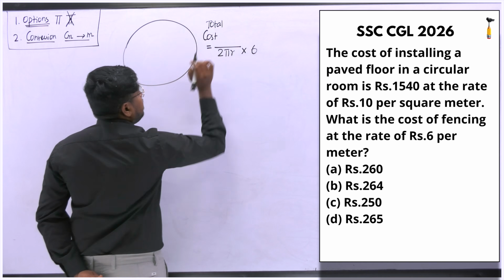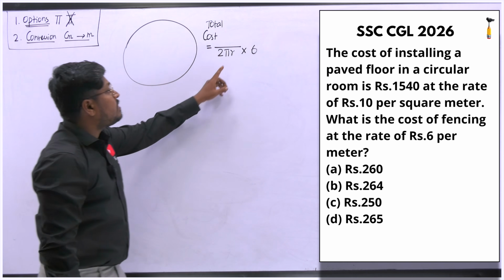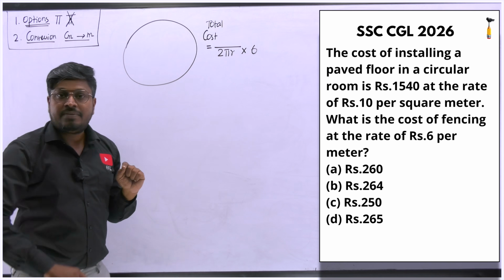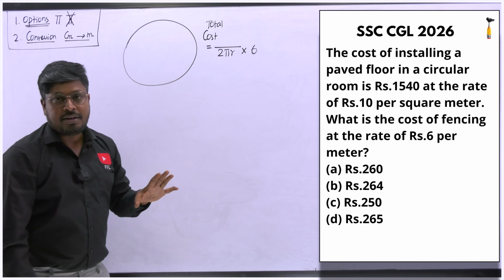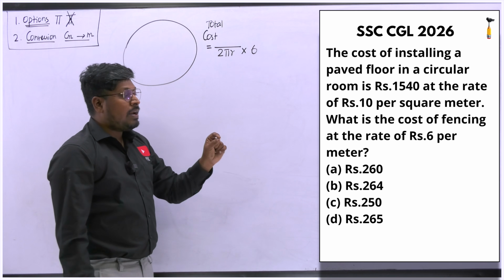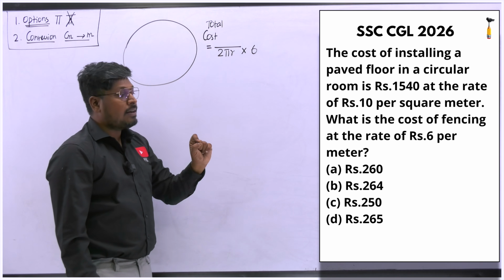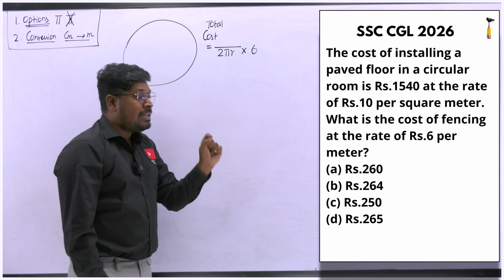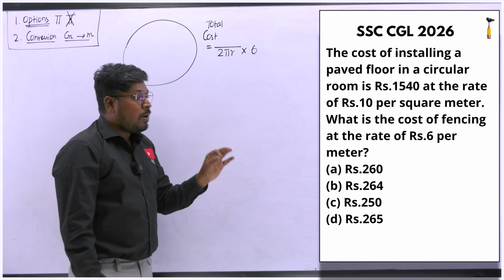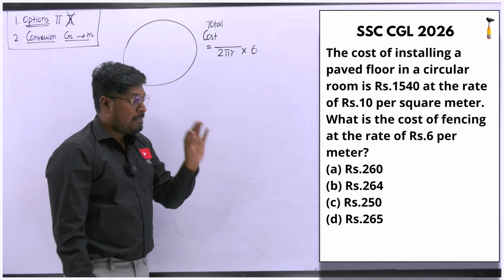Now, if we know the radius of the circle, finding the answer is easy. Have they given the radius here? No, the radius was not given. Instead, what they have given is that the cost of installing a paved floor in a circular room is 1540 at the rate of rupees 10 per square meter.